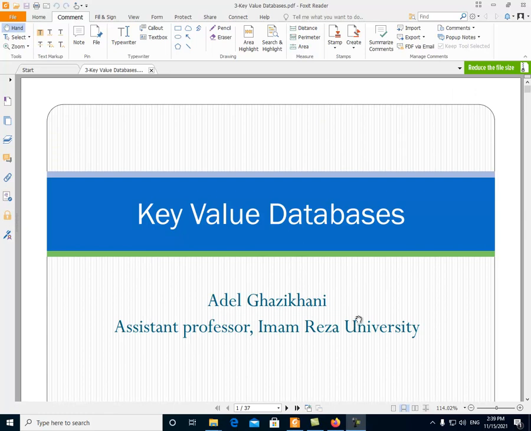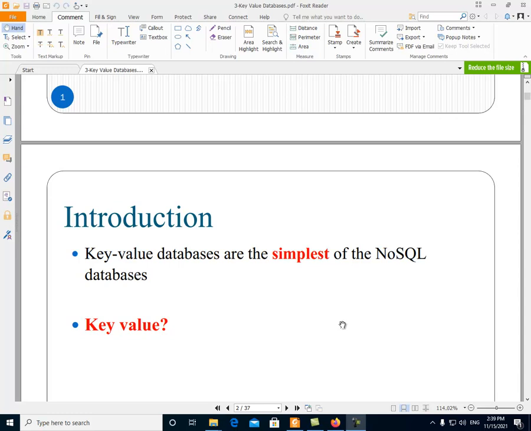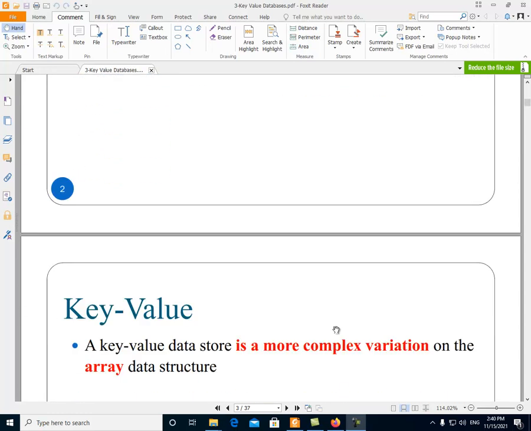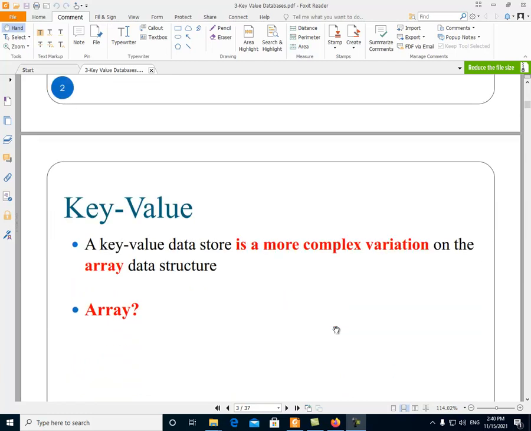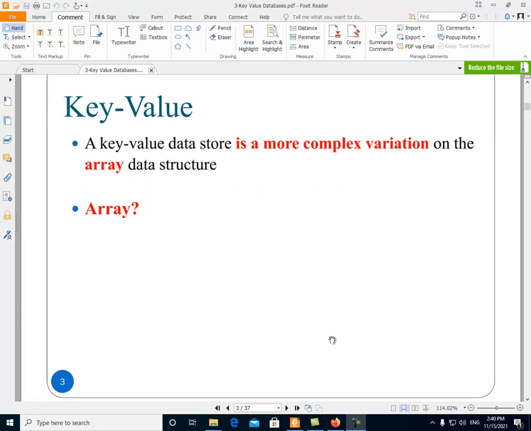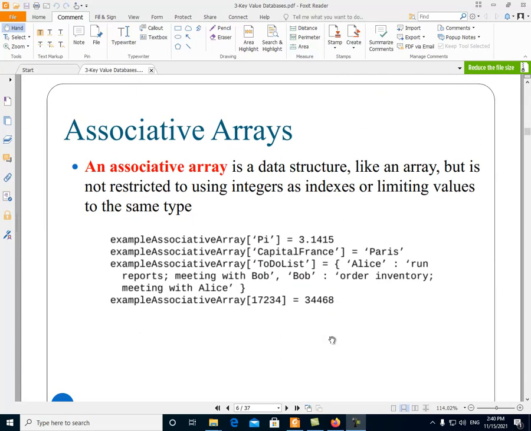In the online session we had on Saturday, we talked about key value databases, and we said that the key value database is the simplest NoSQL database. We talked about key values, and we said that a key value is a more complex structure than the array, and that it is similar to the associative array.